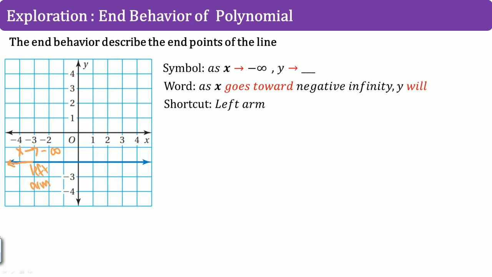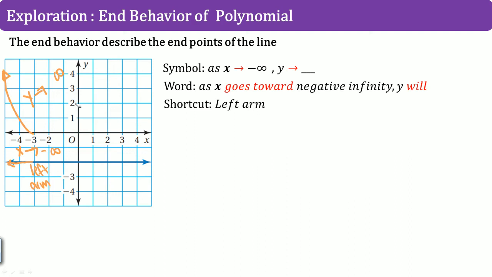Y can happen in two ways. The first thing that can happen is that it can go up. So y can go to positive infinity, which is up.